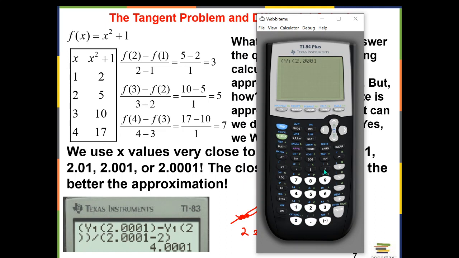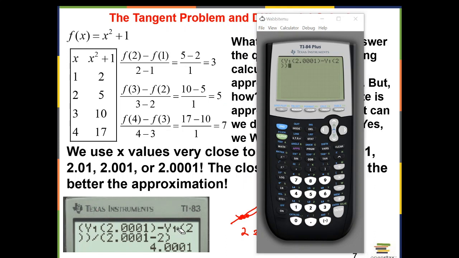2.0001, and then subtract y1 parentheses 2. I need another parentheses there, and then close the parentheses twice, because that's the numerator, so I put the numerator in parentheses as you see over here.